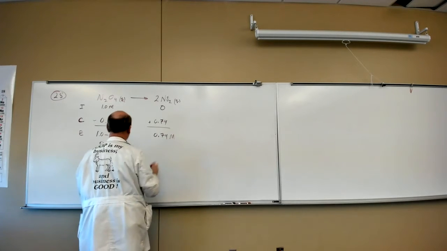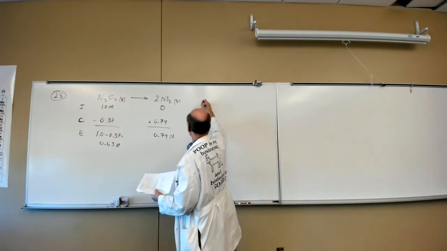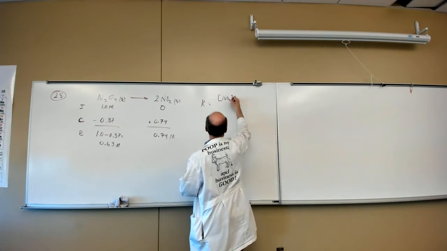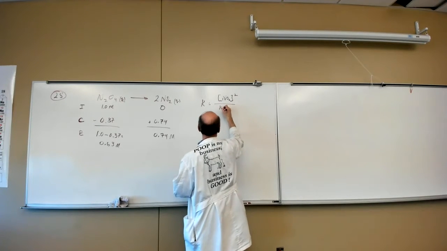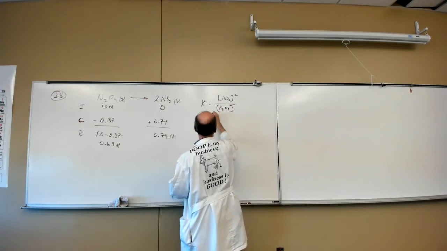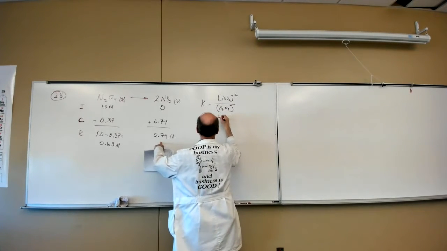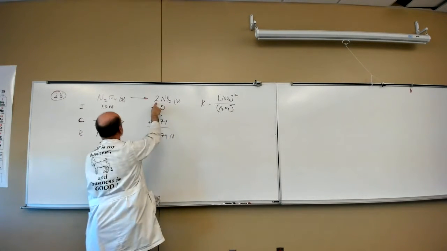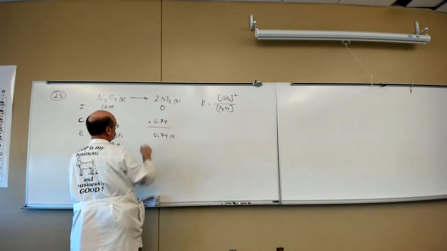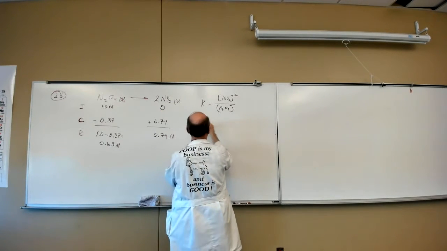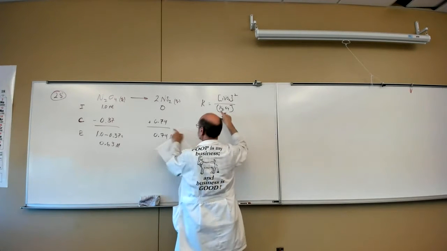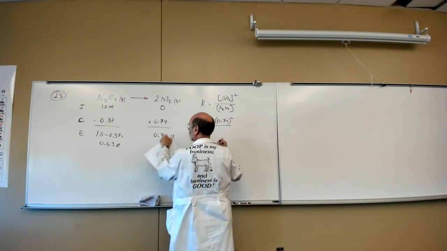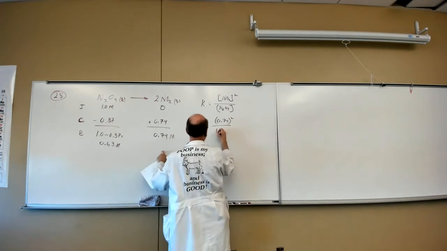Okay, so those are our concentrations, and now we can calculate K. Why is it 0.74? Because stoichiometry, 2 to 1. Oh, that gets me every time. So K is going to be this one squared divided by that one, 0.63.